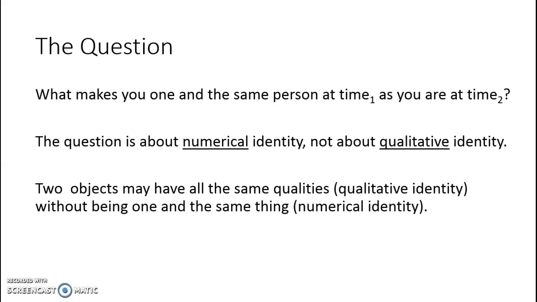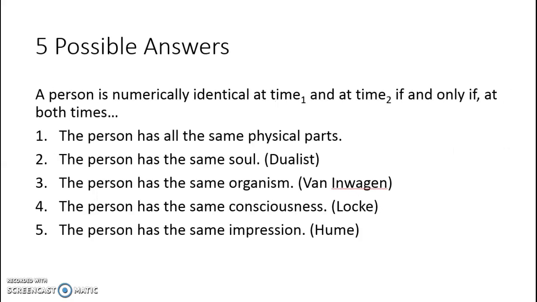Okay. Now, we're going to look at 5 possible answers to this question, and there may be more of them. The first 3 of them we've already kind of encountered at the end of our discussion of dualism, when we were asking this question about physical parts and souls and organisms. So here's 3 possible answers. You might say that a person is numerically identical at 2 different times if and only if they meet these conditions.